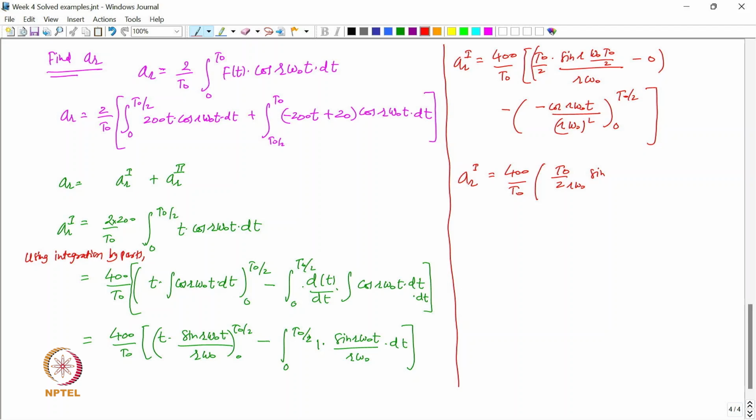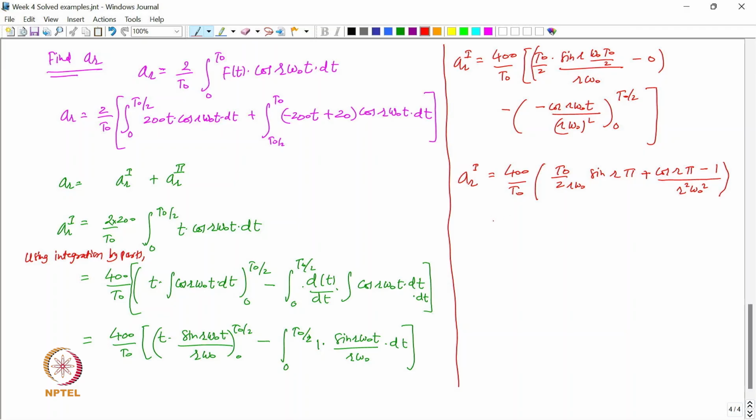So therefore we get sin r pi. 2 and 2 cancel out, t naught and t naught cancel, sin r pi, and then of course 0, and then we have plus cos r pi here also, and then cos r omega naught times 0 would be cos 0, which is 1. So therefore minus 1, divided by r square omega naught square, that is what we get.